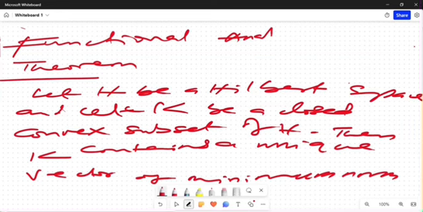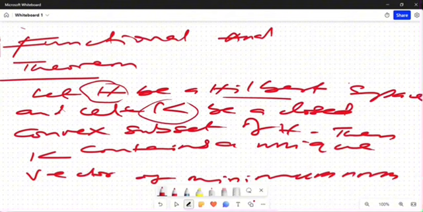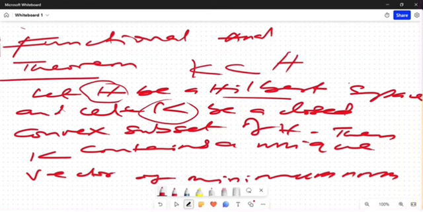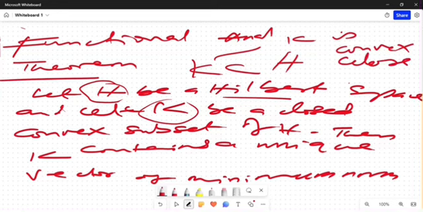So if you have a Hilbert space H, and K is a subset of H such that K is convex and closed. I'm sure you remember when a set is said to be convex.